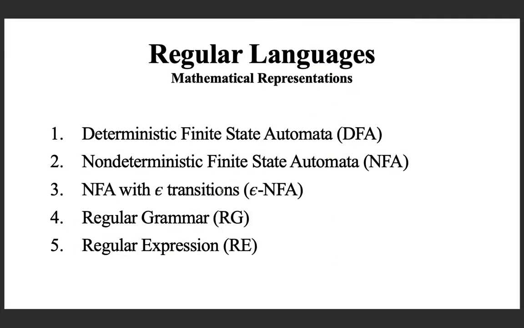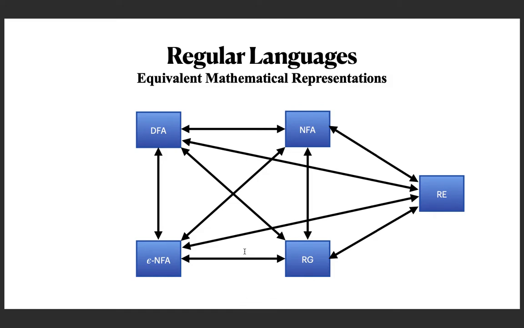So these are the 5 representations that we have learned: DFA, NFA, epsilon NFA, regular grammar and regular expression. And after discussing each representation, we learned algorithms for converting one representation into another.